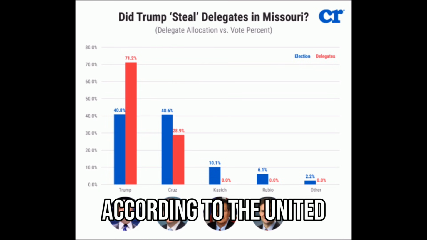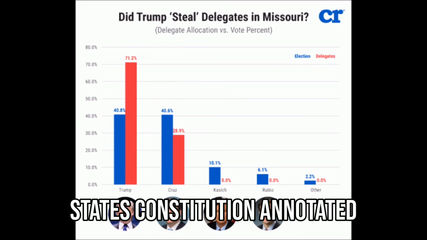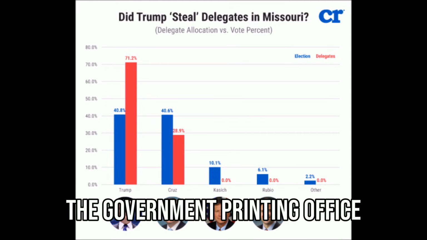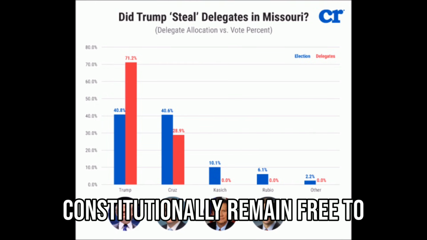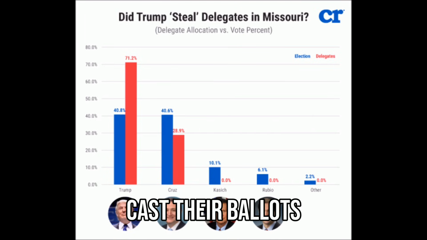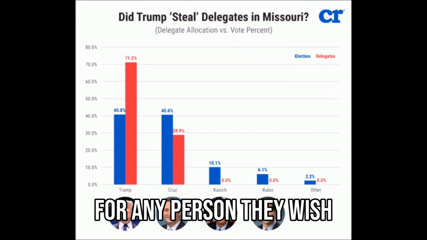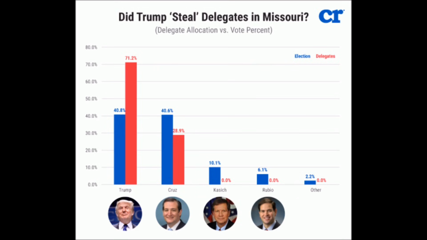According to the United States Constitution Annotated, which is published by the Government Printing Office, quote, electors constitutionally remain free to cast their ballots for any person they wish, and occasionally they have done so, close quote.